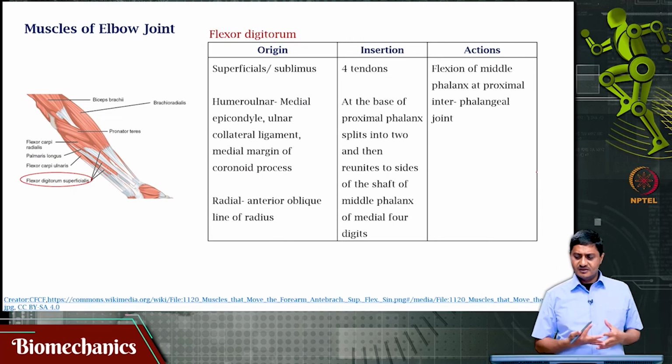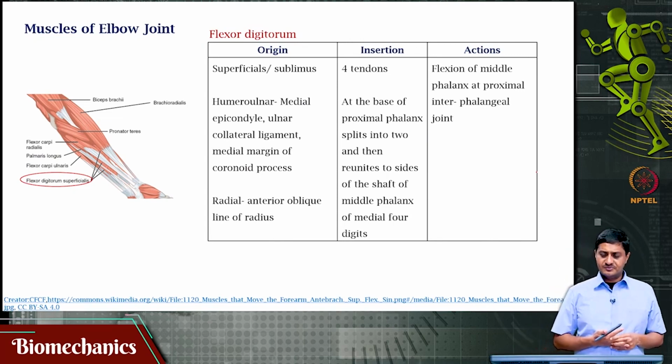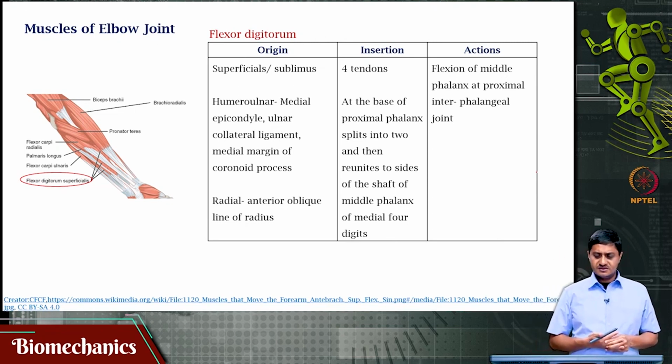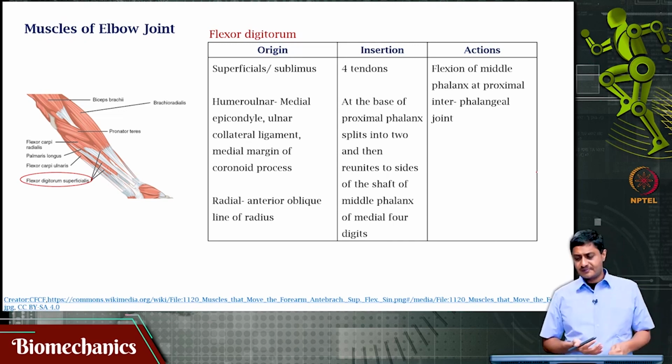Then you have flexor digitorum, right. There are 2-3 types of these, flexor digitorum superficialis, flexor digitorum profundus, etc. This sends 4 tendons.